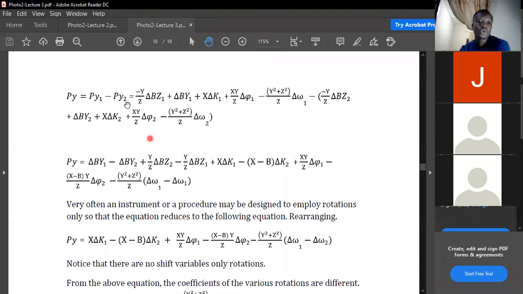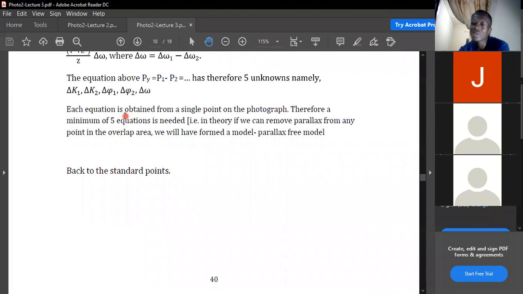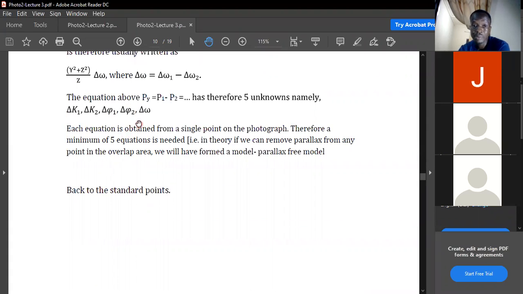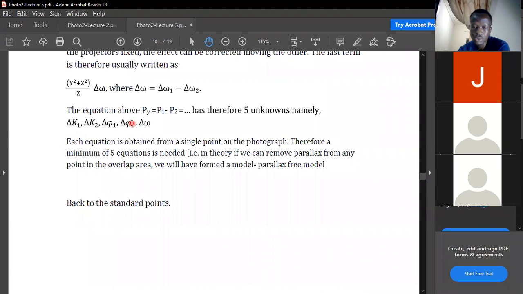Here we are combining, if your algebra is good, you appreciate it, the left photo and the effect of the left photo total parallax in x, in the left photo total parallax in y, and then we are trying to balance it out. So relative orientation is really about this, about making sure that parallax goes to 0. Remember that. It's very important for us to take note of that.